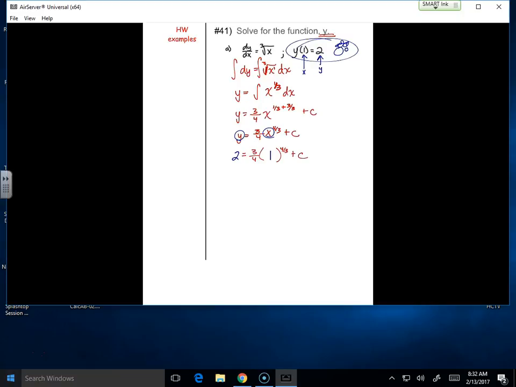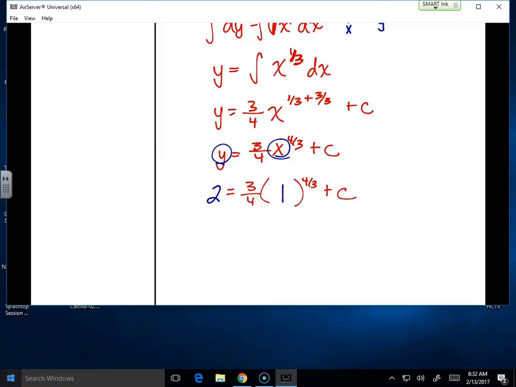But just in case it was something other than 1, just to help you out a little bit, remember this is the exact same thing as 2 equals 3/4 times, not with a parenthesis, times the cubed root of 1 to the 4th.